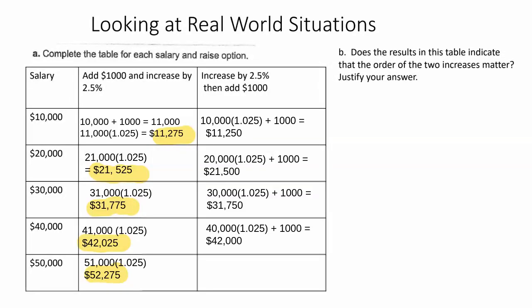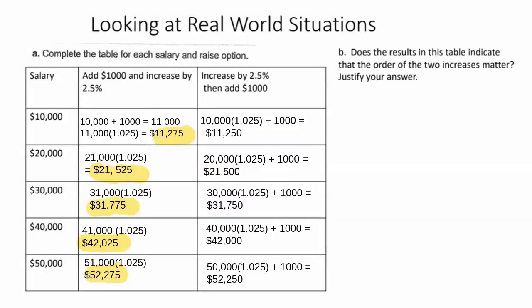And then the last one, if I take 50,000 and then multiply by my multiplier, my final answer is going to give me 52,250. This is what these are saying.